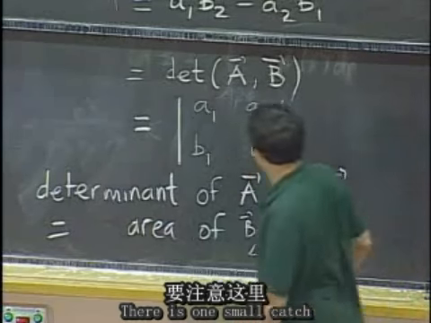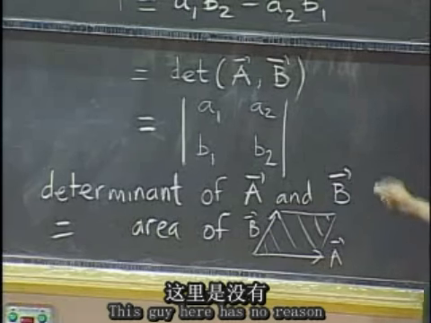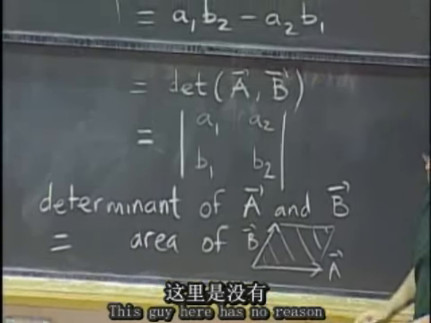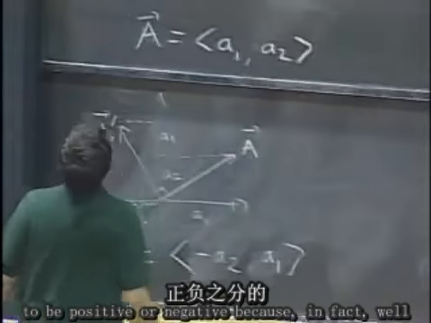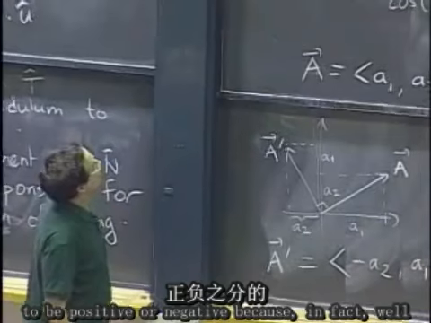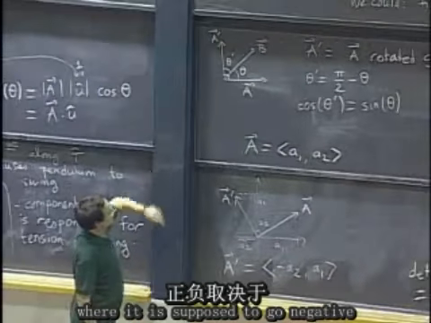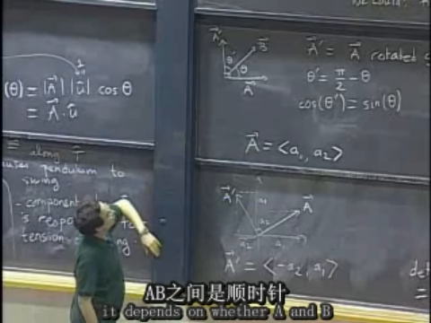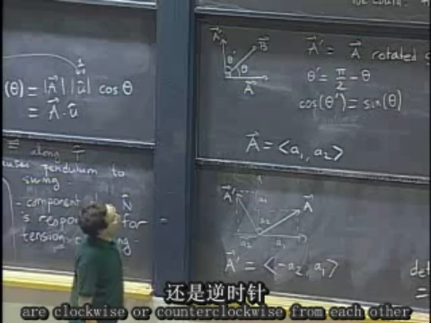There's one small catch. The area usually is something that's going to be positive. This guy here has no reason to be positive or negative because, in fact, if you compute things, you will see that whether it's positive or negative depends on whether A and B are clockwise or counterclockwise from each other.